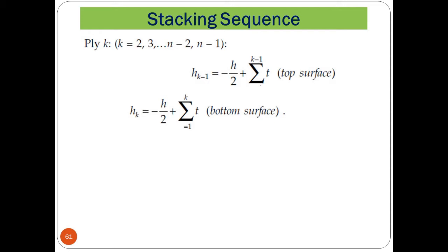Easily you can distinguish the differences between the top surface and the bottom surface. If k minus 1 is there, then you can easily see from the figure which I discussed in the previous slide that the summation goes from 1 to k minus 1 for the top surface, and for the kth ply bottom surface, it would be summation from 1 to k for the same thickness.